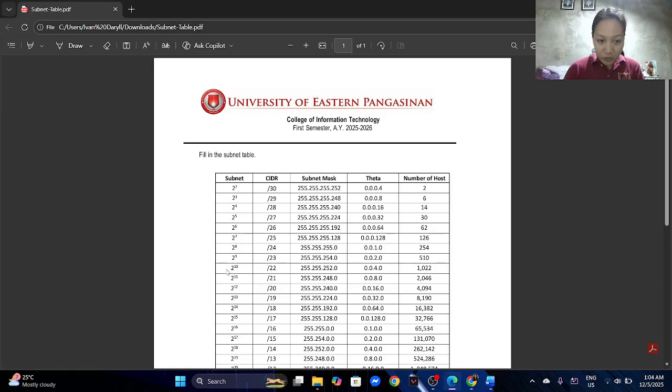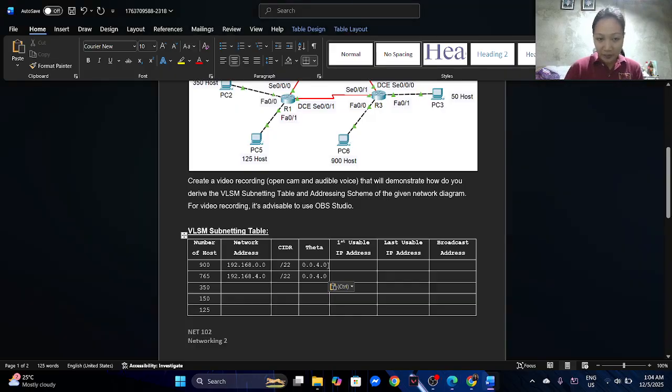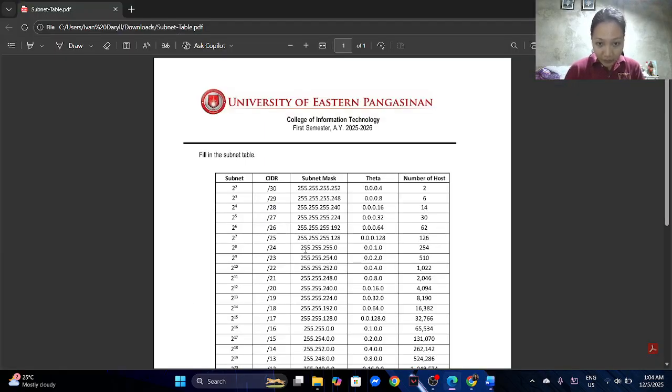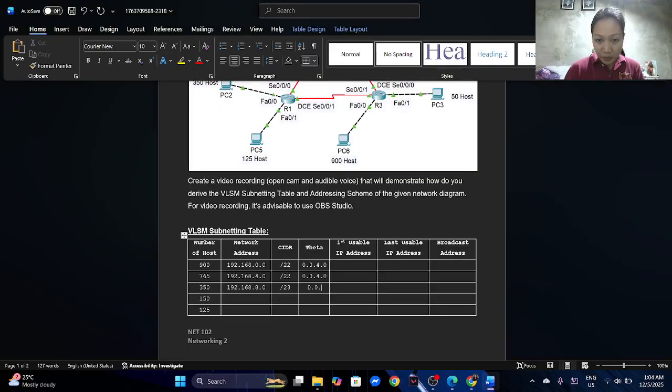Next is host 350, which is CIDR /23. The network address would be 192.168.8.0, CIDR /23, and theta 0.0.2.0.